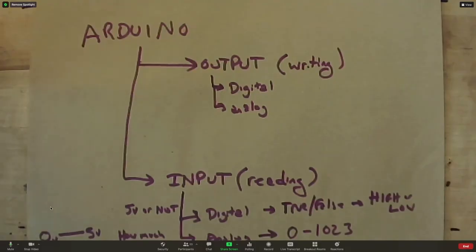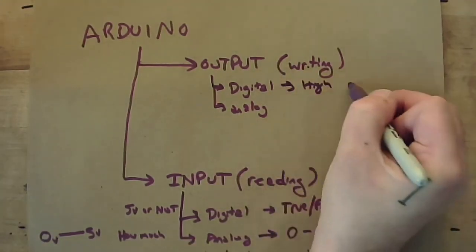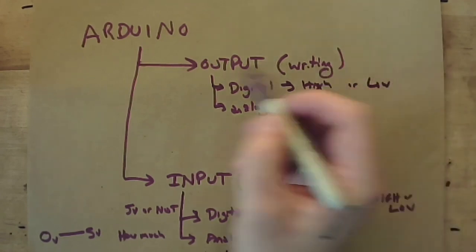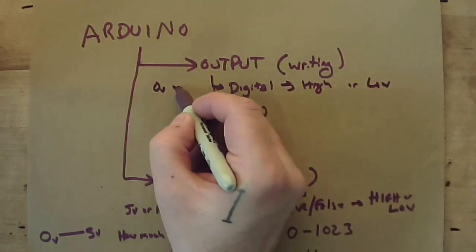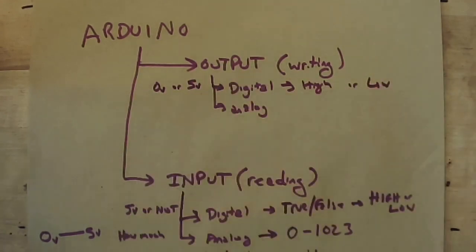For output, digital is the same. There's high or low, meaning 0 volts or 5 volts. But that's coming out of a pin on the Arduino.